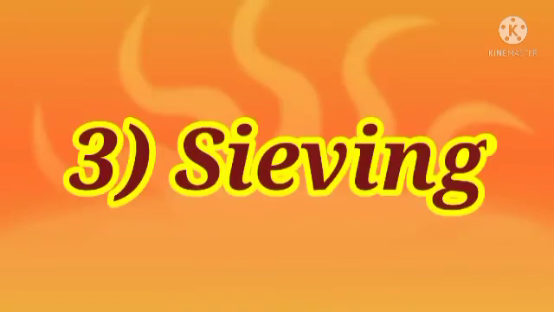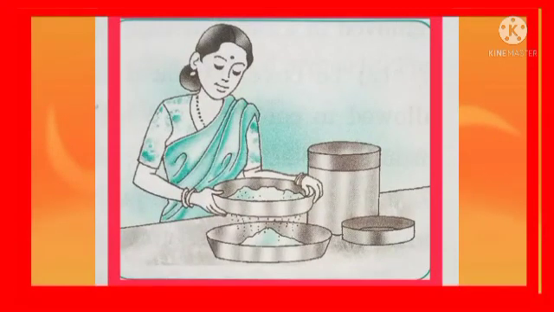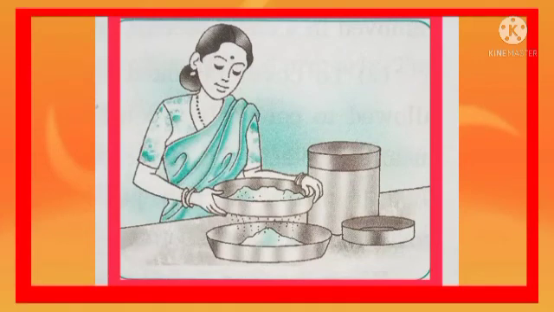Now third one, sieving. Certain food items which we bring from the market should be sieved thoroughly. Wheat flour, gram flour, besan, powdered sugar, maida, semolina, poha, all these things should be sieved properly before using them. Okay students, it should be cleaned properly. Fourth, washing.